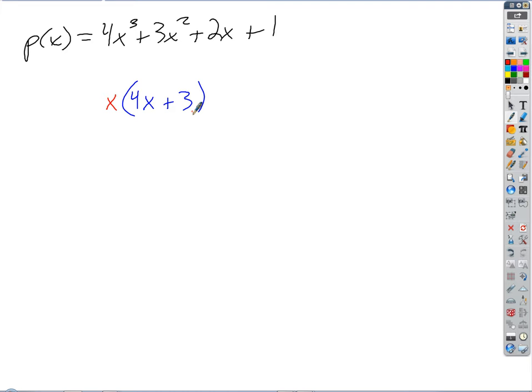If I want to keep building towards this polynomial, you see that I've really just started to account for that term and that term, right? And each time I'm going to add something to this and then multiply by x again. So what's going to be the next thing I add to this, do you suppose? At this point, I've got 4x squared plus 3x.